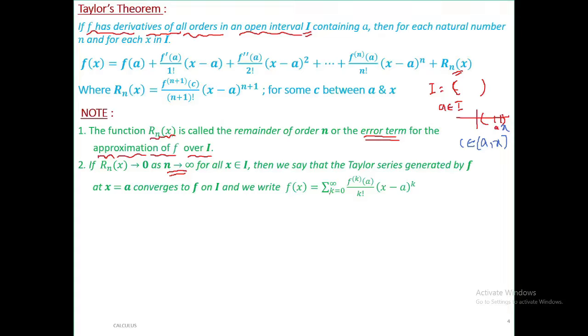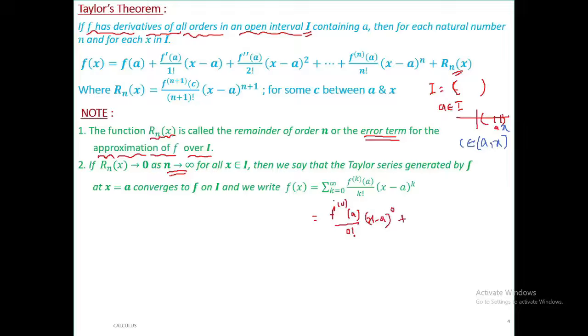The given function f of x, and the series with k running from 0 to infinity. If you take k as 0 here, what do you get? Substitute k is 0. So f at a, the 0th derivative of f at a by 0 factorial into (x minus a) to the power of 0. Wherever there is k, you write 0.